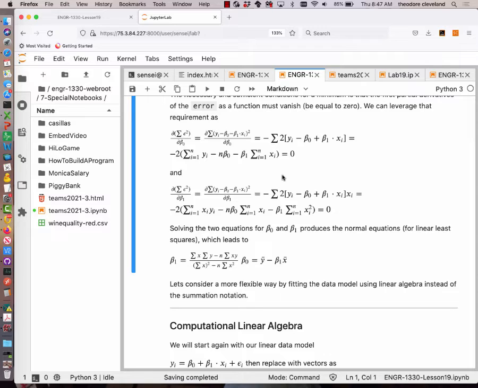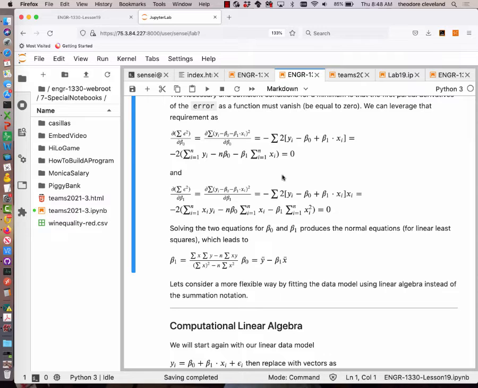And we actually can divide out that minus 2 because it doesn't play much of a role. And doing the same for the beta 1 variable, its first partial derivative when set to 0 produces minus 2 times the sum xi yi minus n beta 0 sum xi minus beta 1 sum of xi squared.